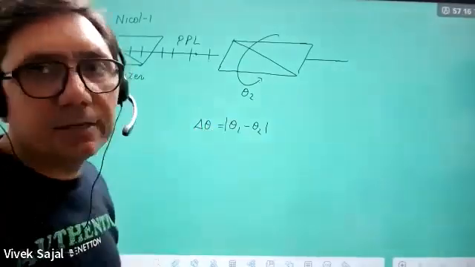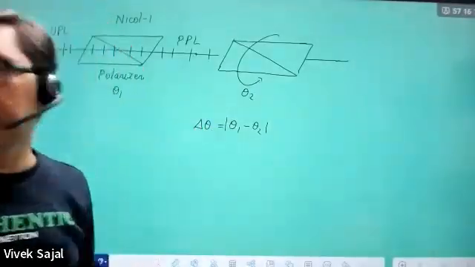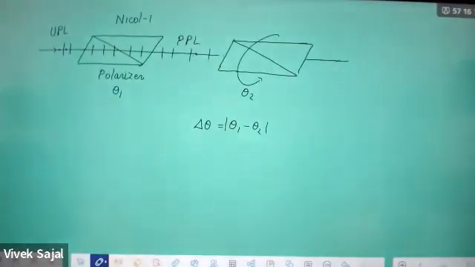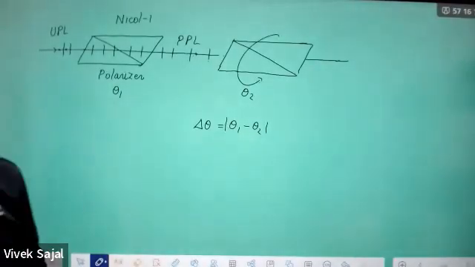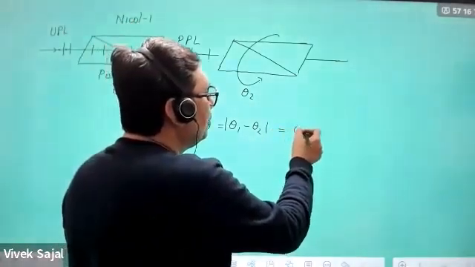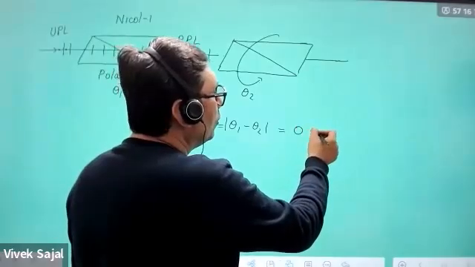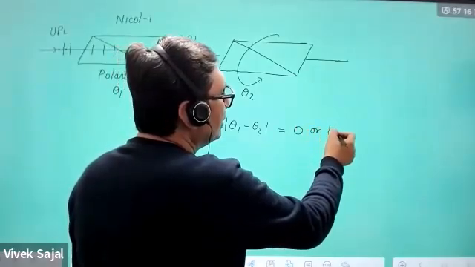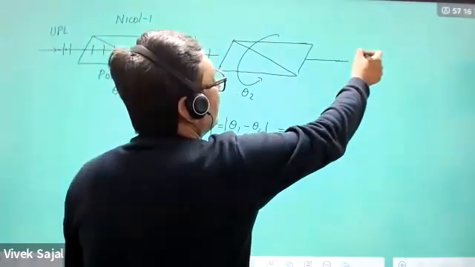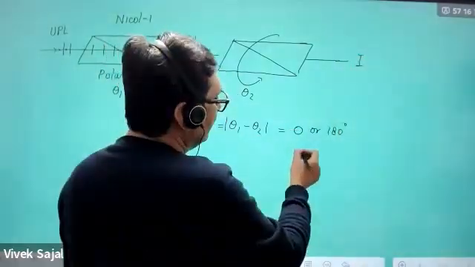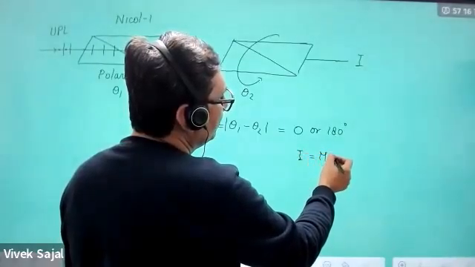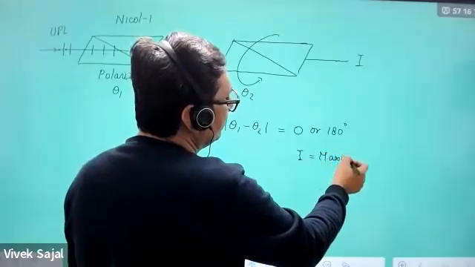Please write: delta theta is the angle between the principal sections of two Nicols. Try to understand: when this angle is 0 or 180 degrees, the intensity I will be maximum.